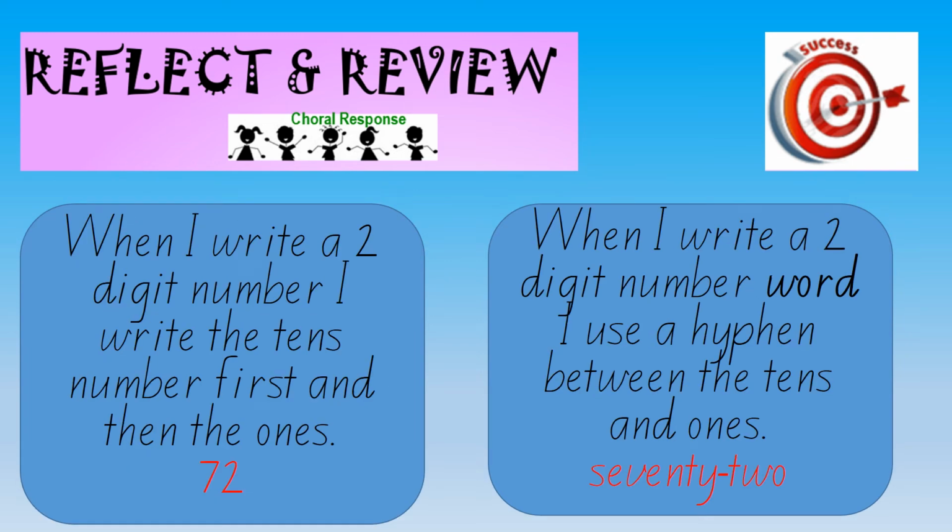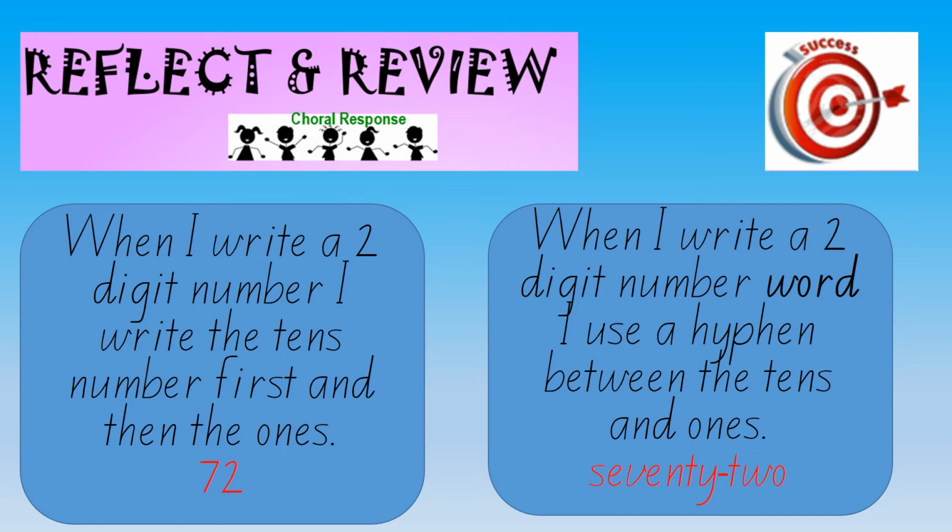I also need to remember that when I write a two-digit number, I write the tens number first and then the ones, like in the number 72. We write the 7 first for 70 and then the 2 for 2. And when I write a two-digit number word, I use a hyphen between the tens and the ones.